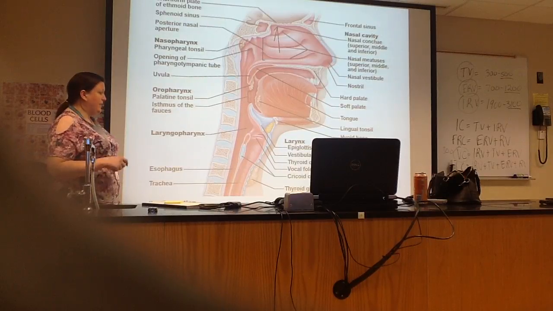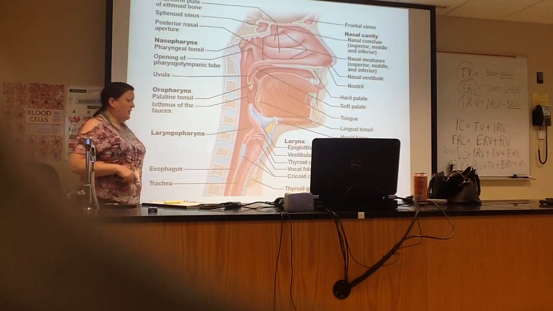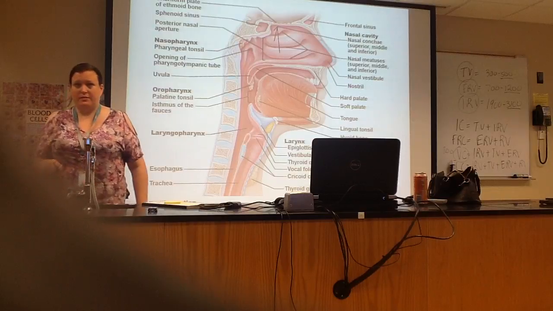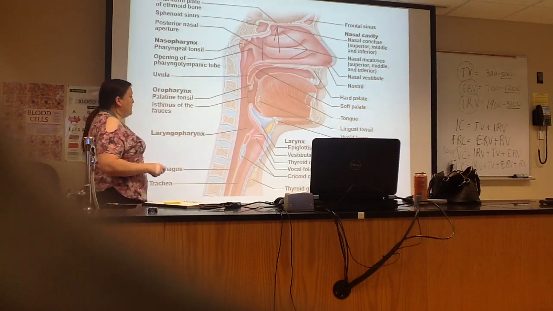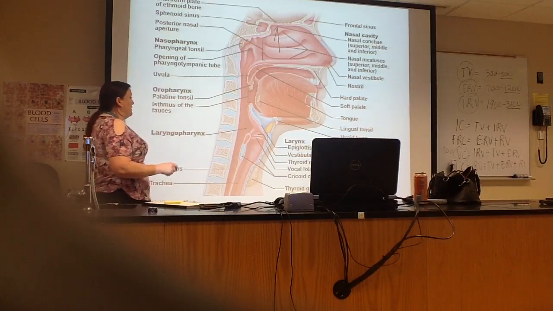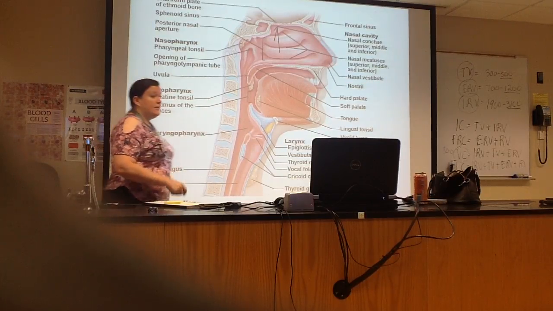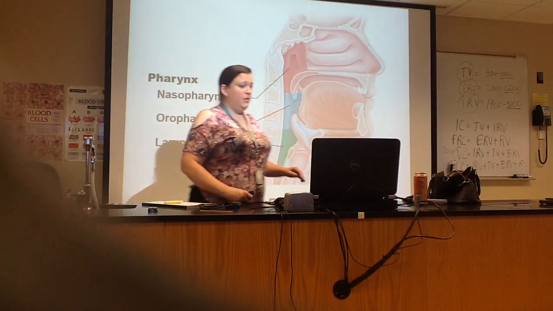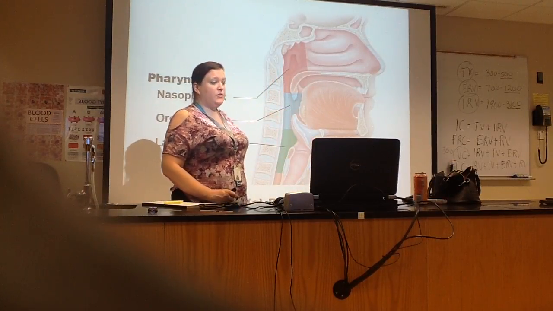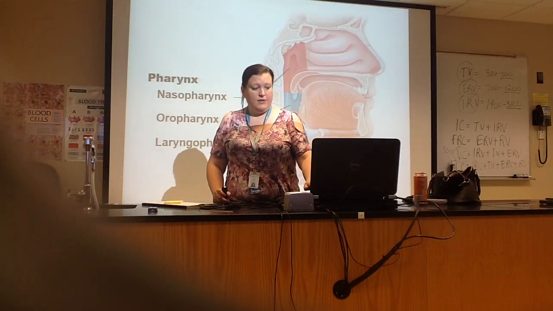Trachea. Esophagus is behind the trachea. Trachea is in front. That's why you can feel the rings. What is this flap on top of the larynx? Epiglottis. And again, be able to label the 3 sections of the pharynx specifically.